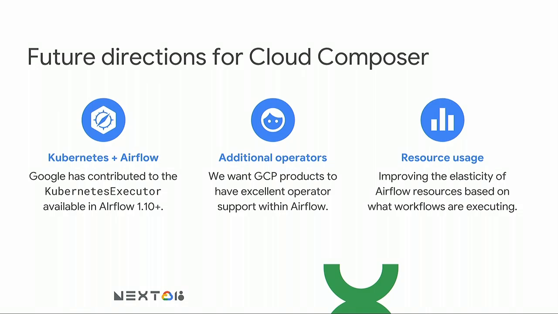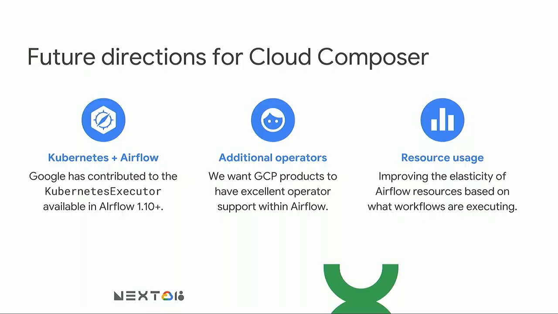It's not the last example or the end of the line, I think, in terms of Airflow and Kubernetes. We're also working on additional operators. So we want to support additional API surface area coverage of the products that are already inside of Airflow, so things like Dataproc or BigQuery, Dataflow. We also want to expand support for new products inside of Airflow that are GCP products.